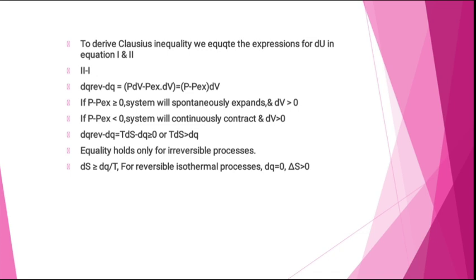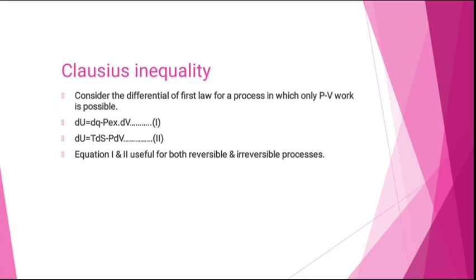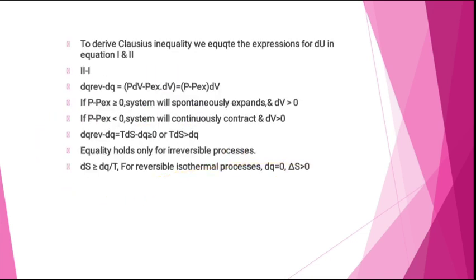Therefore, the equation can be written as dq reversible minus dq is equal to P dV minus P external dV, which is equal to P minus P external, and take dV common. So, P minus P external in a bracket into dV.